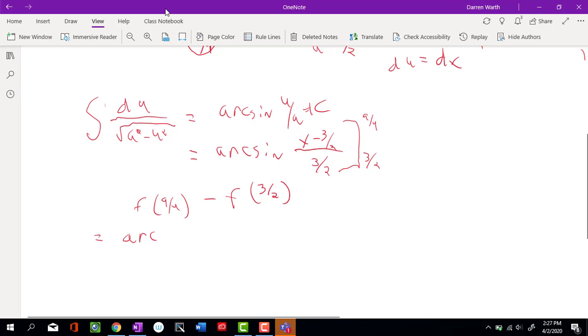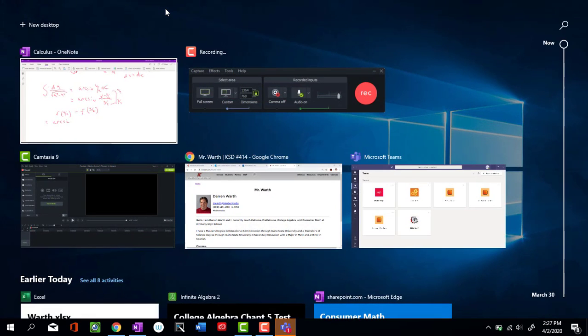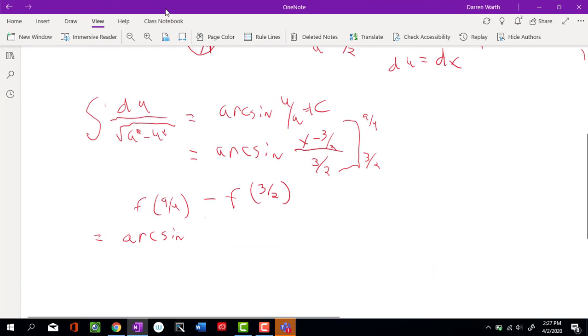That gives me the arc sine of 9/4, substituted in for my x value, minus 3/2, all over 3/2. Then subtract f of 3/2, which would be the arc sine of 3/2 minus 3/2, all over 3/2.